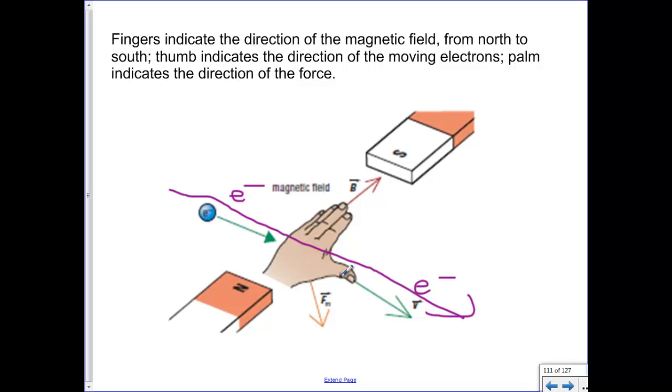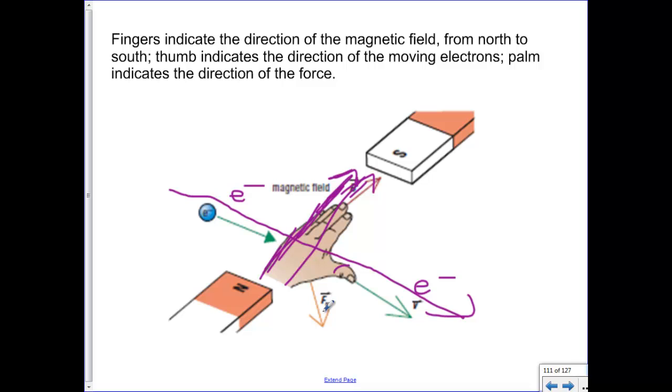Your fingers point in the direction of the external magnetic field, and external magnetic fields always go from north to south. So fingers point towards south. Thumb is the actual electrons themselves. Your palm points in the direction that a force will push things. So this force will actually push things down.